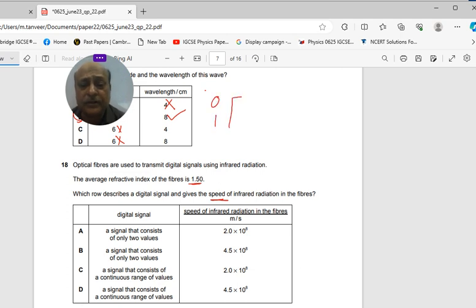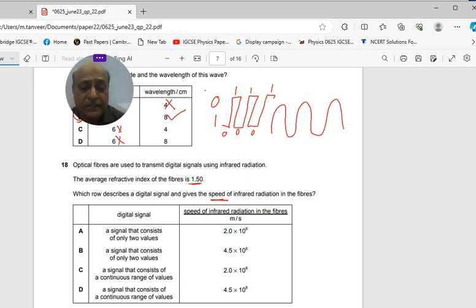This is the digital signal form: these are 1, 1, 1, these are 0. A digital signal will travel in this form, and an analog signal is in this form. So a signal that consists of only two values, that is correct. A signal that consists of a continuous range, no.